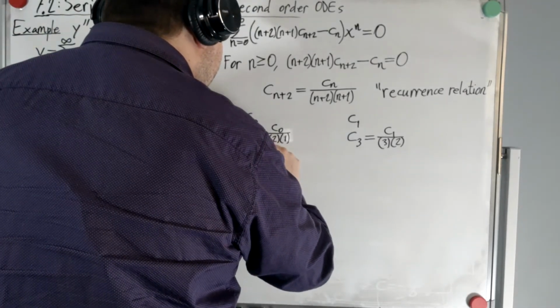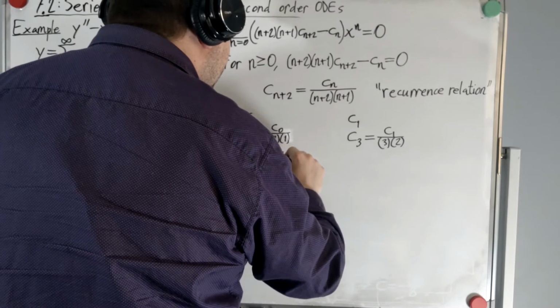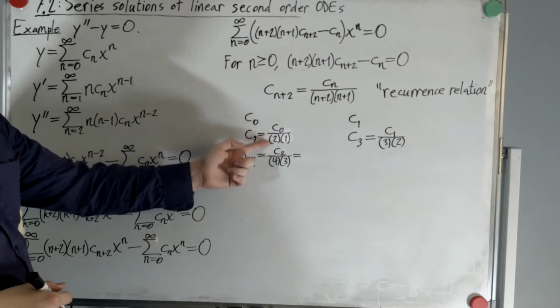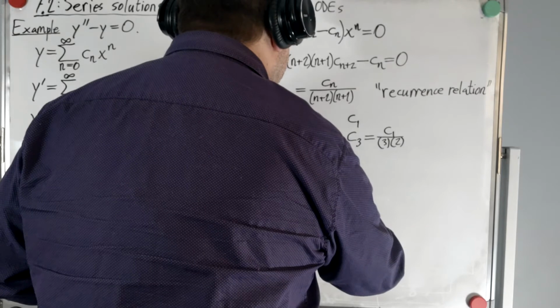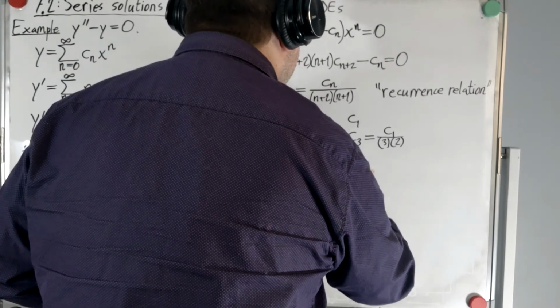C4 would be C2 divided by 4 times 3, which ultimately, since we know C2 is C0 divided by 2 times 1, becomes C0 divided by 4 times 3 times 2 times 1.